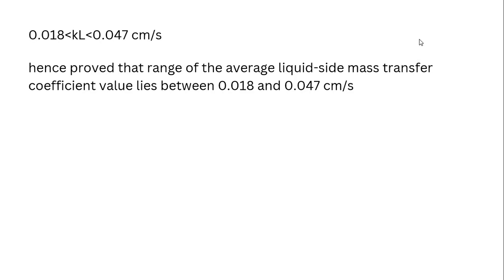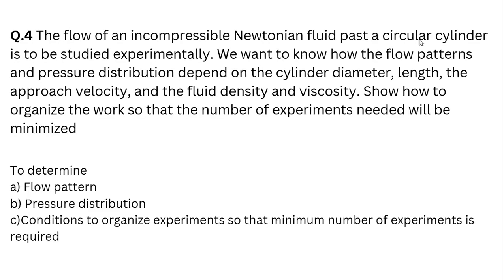We find the liquid side mass transfer coefficient is less than 0.047 and greater than 0.018 centimeter per second. Hence we proved that the range of average liquid side mass transfer coefficient value lies between 0.018 and 0.047 centimeter per second. So let's now discuss the last question.